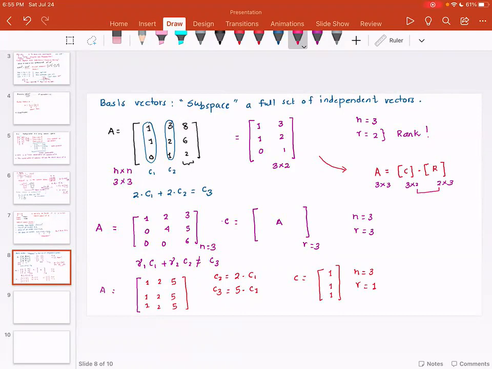And some of you may ask me how to perform this factorization. The easiest way to do this is by using MATLAB or some other numerical technique. So let's try to do this factorization for one simple problem.